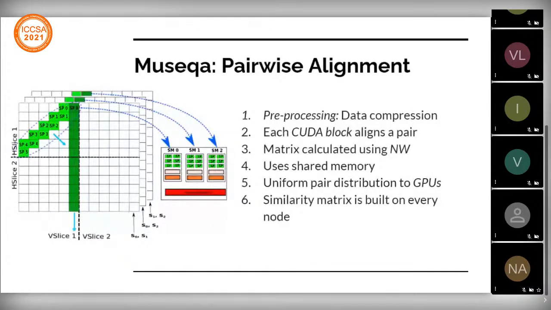Starting to talk about the algorithm, the first step is pairwise alignment. Before going into pairwise alignment, we have to load the sequences into the memory of the nodes. For that, we have to share and transfer a lot of data between different nodes in our cluster.